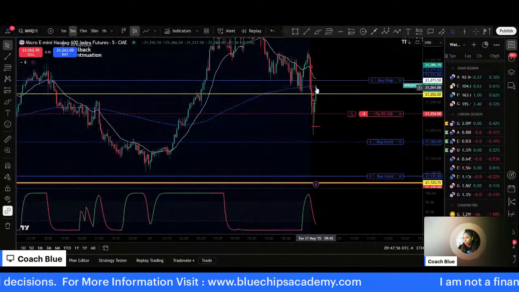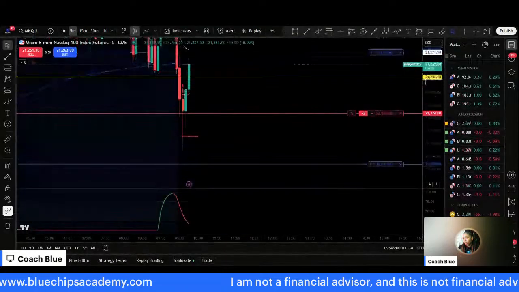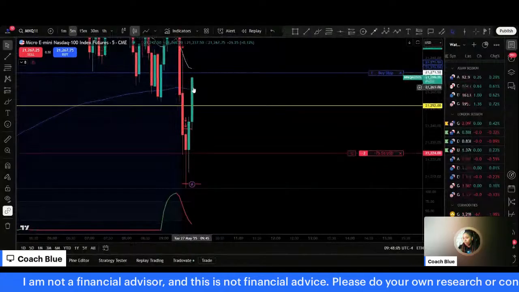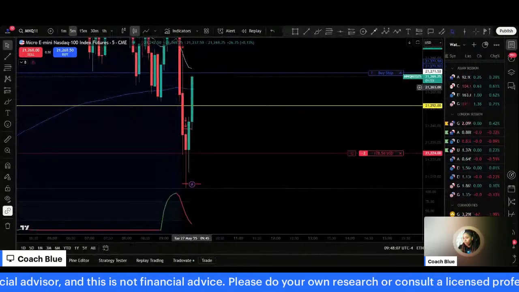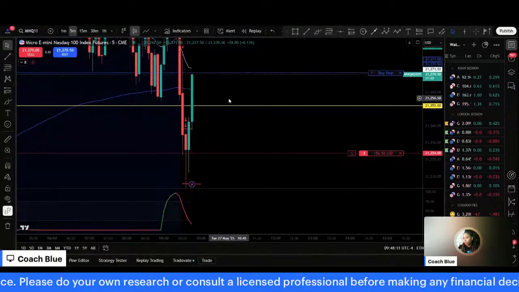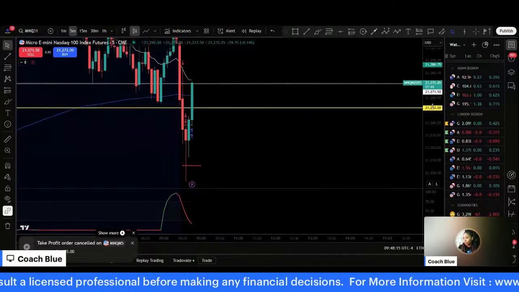Sellers trying to fight, but the buyers are trying to break past that 200 on the 5 minute. They trying to fight, but I don't think they're going to win, to be honest. Yeah, buyers are taking control now. Yep. All right, so stop hit, okay?